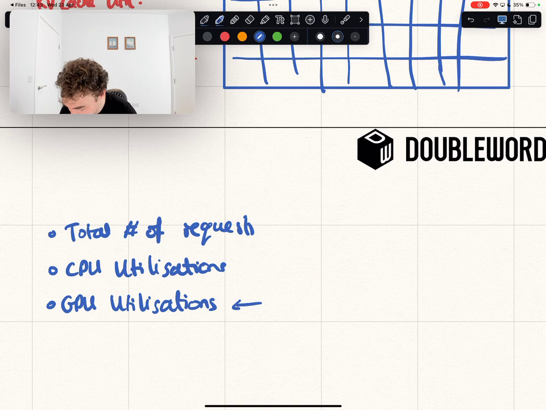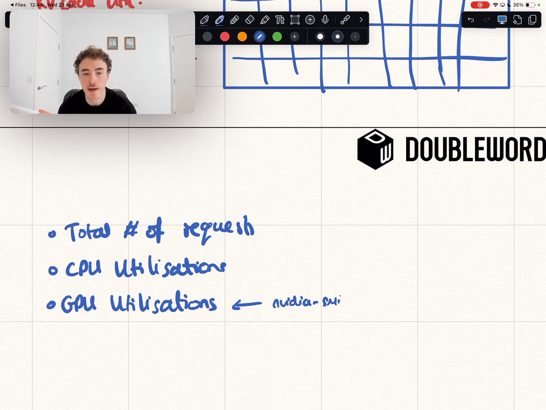For example, this is the metric reported if you run the command nvidia-smi. So these are the things that people will usually use when they are trying to estimate how busy their system is.